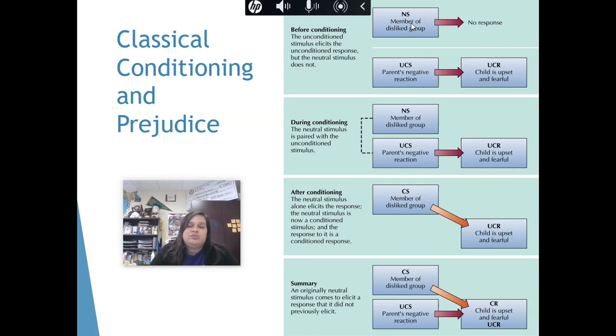They've never seen a triangle person before. They're fine. However, the parent, for whatever reason, does not like triangle people, and the parents have a very strong negative reaction. Parents being mean is scary, so that's an unconditioned stimulus, and the child is fearful or upset to the parent's response, which is to the triangle people.